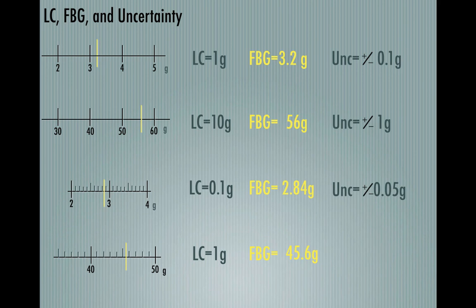Now, you could have said 45.5. I think those are probably the 2 best ones. So the 40 is not a guess because there's a line for it. The 45 is not a guess because there's a line for it. The 0.6 is a guess, which means what place is your uncertainty going to be in?